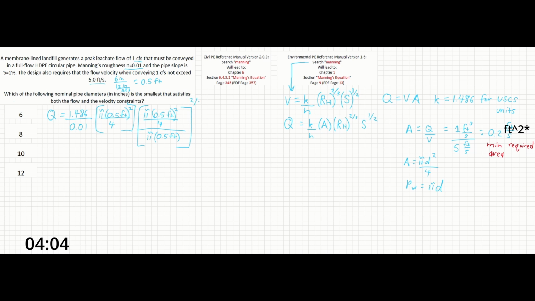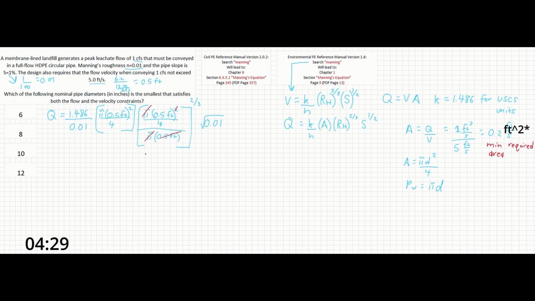And then finally, the slope of 1%, aka 1 over 100, equals 0.01 as it fits within the equation, and that's square rooted. So this is a little bit annoying to plug into your calculator, but you can simplify a little bit to make it a little bit easier.